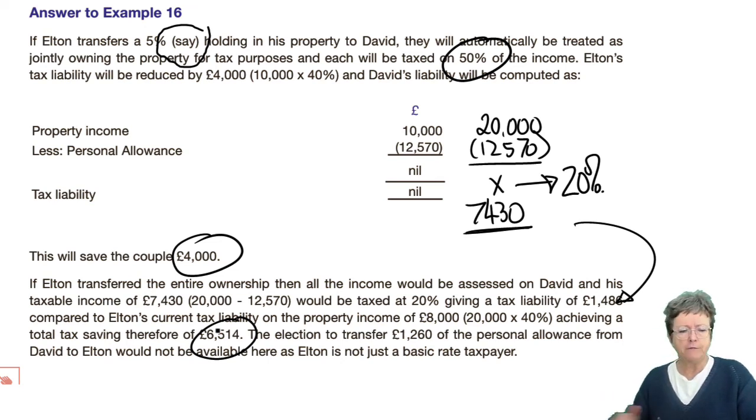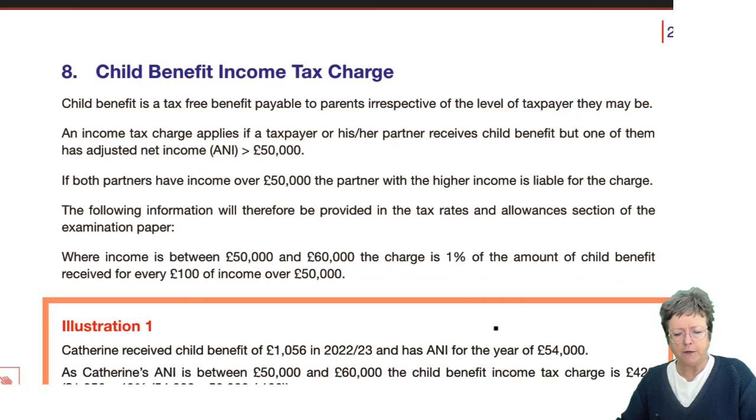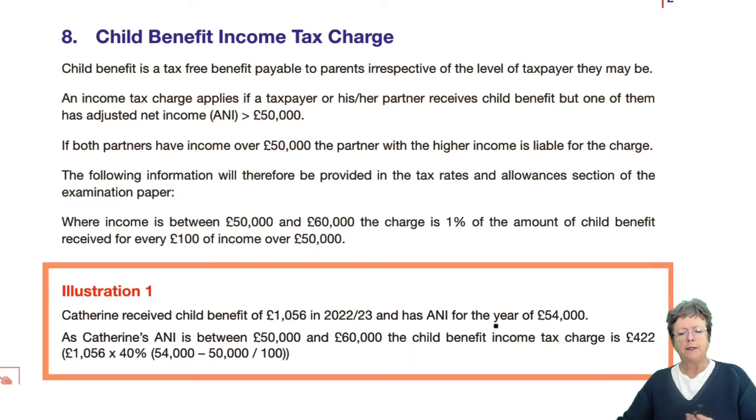One further thing for families, which often comes up in computations, is the child benefit income tax charge. Now, child benefit is a tax-free benefit payable to parents, irrespective of the level of the taxpayer they may be.